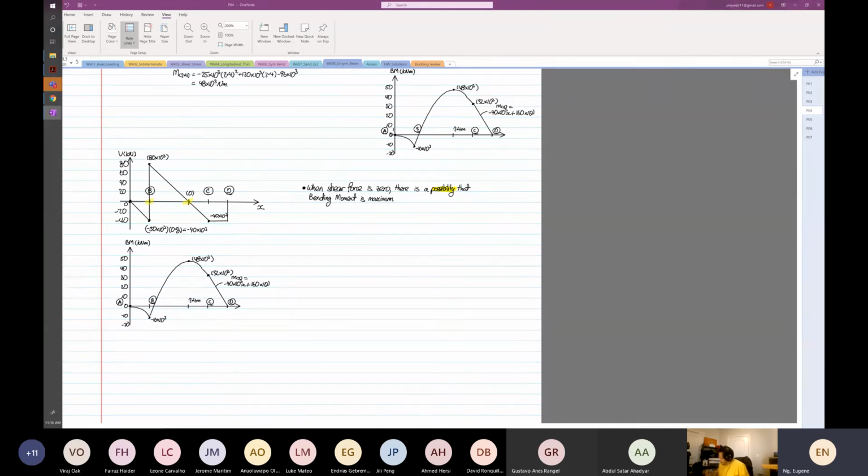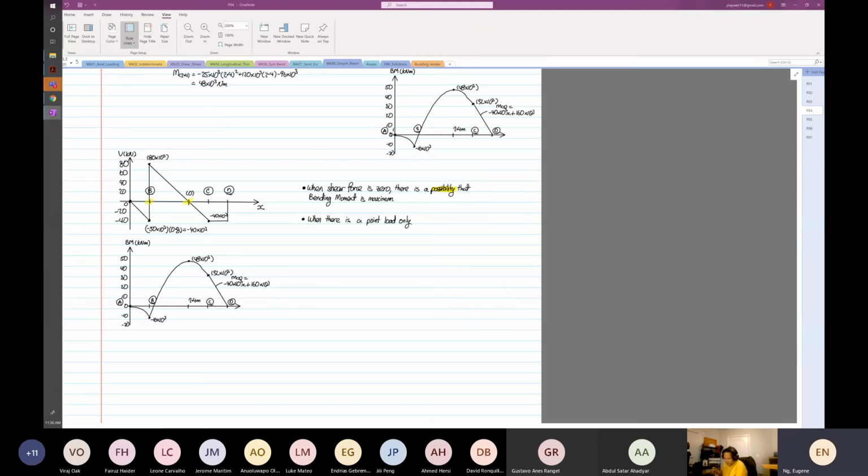Okay. The next thing that I want to draw your attention to is this. When there's a point load, point load only.